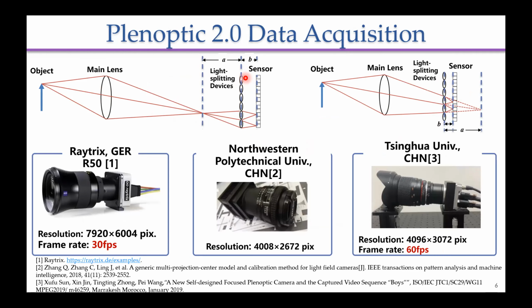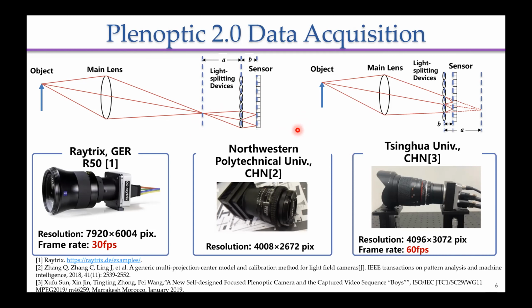These microlenses work like several virtual small cameras that re-image the image at the main lens image plane and then generate the image on the sensor. Of these two architectures, 2.0 shows better performance than 1.0 in the trade-off between spatial and angular resolution.